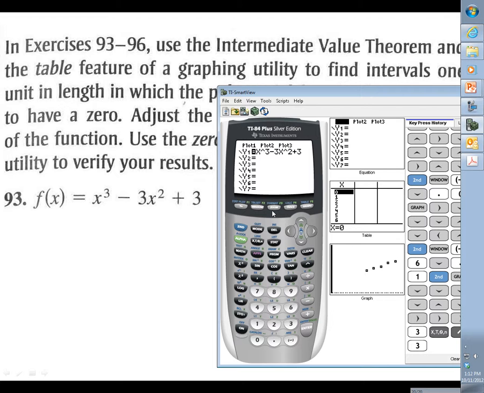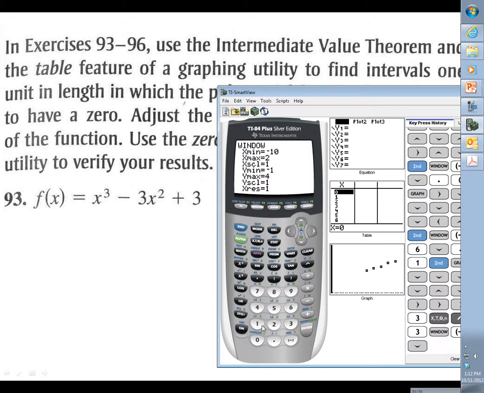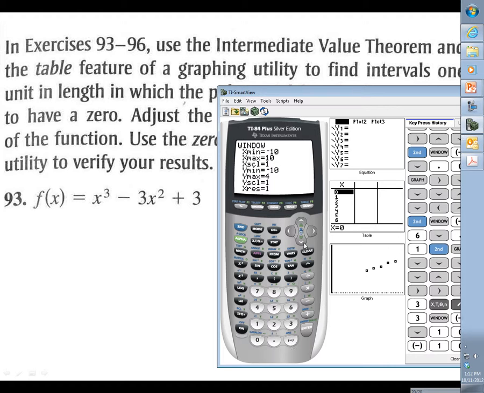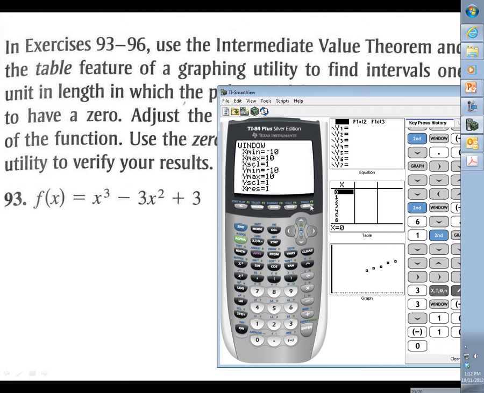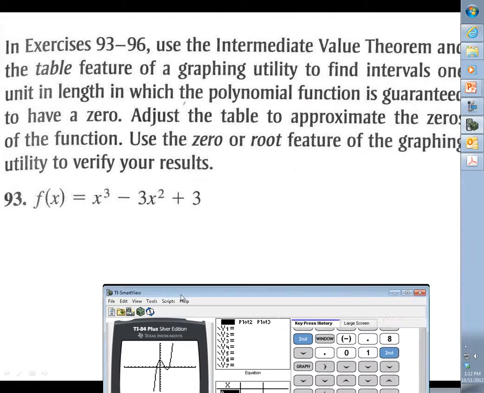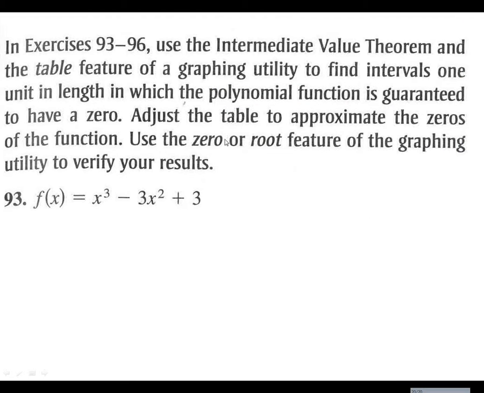We're going to go in here and let me take my window back to -10 to 10 just to reset. And it looks like I have a 0 here, here, and right here. So on this one, are we looking to find all of them or just one of them?